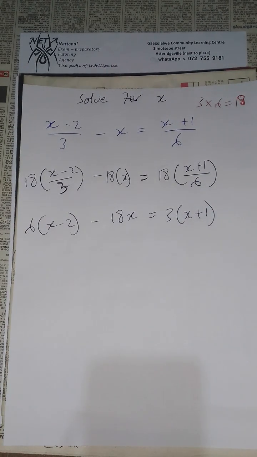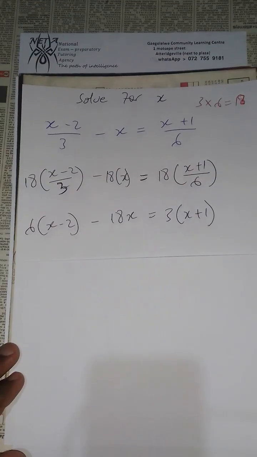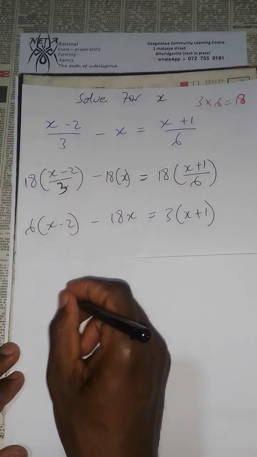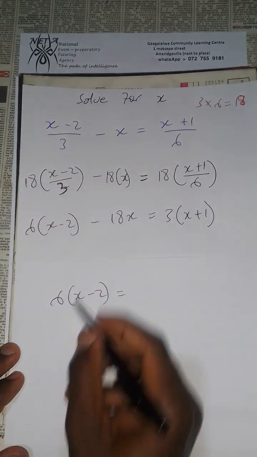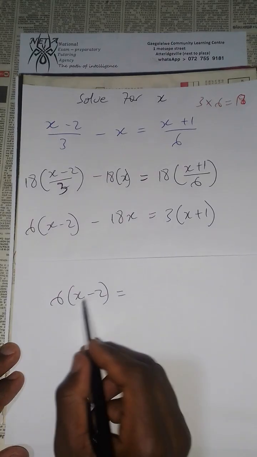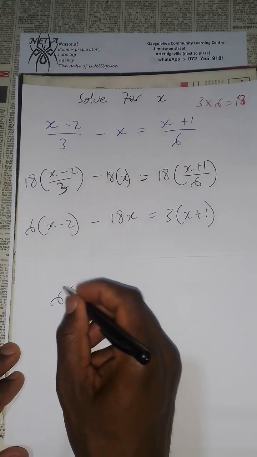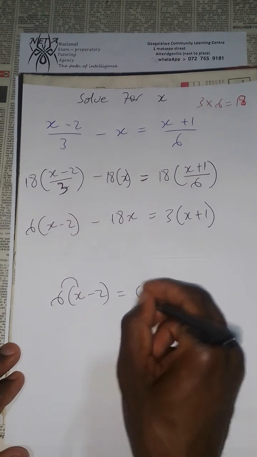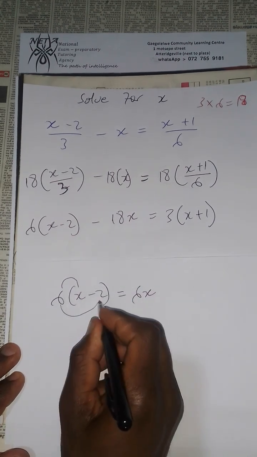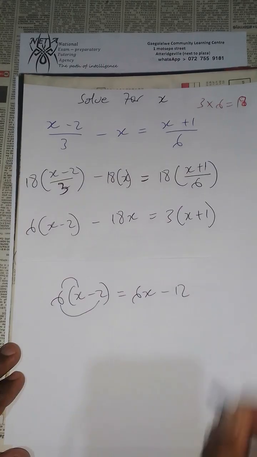Now you can see that now we have brackets. Now our brackets must also go through the process of being removed. We have to remove our brackets through multiplying, and the principle of doing that is that you're going to multiply every term inside the bracket with our outside term, which is 6. Then we're going to say 6 times x, which is 6x, and 6 times negative 2 is negative 12.